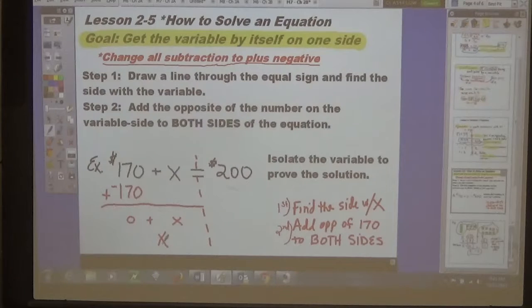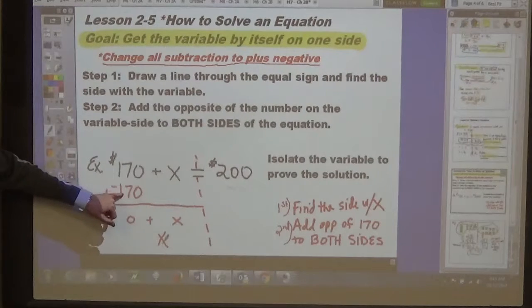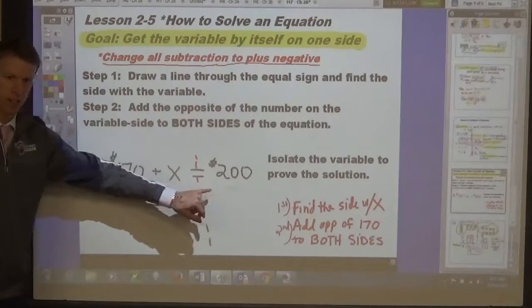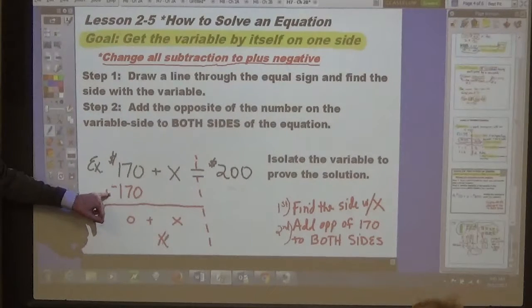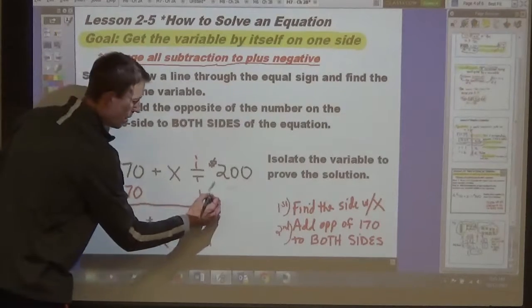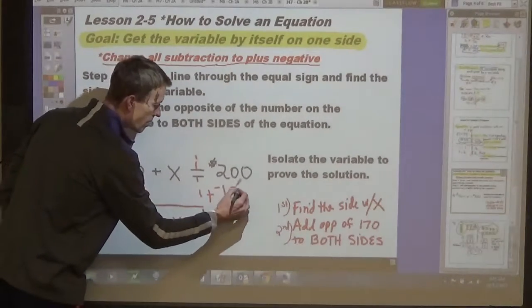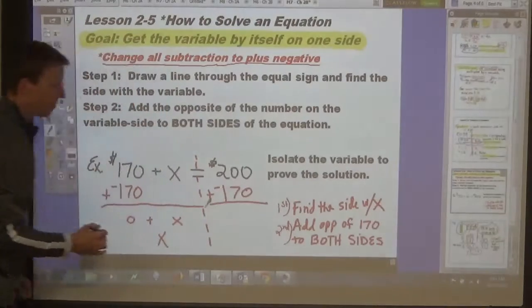Okay? Now, whatever you added to one side, we have to add to the other side. So if we added negative 170 to this side, we have to add negative 170 to this side.